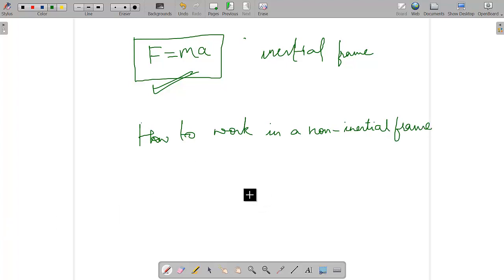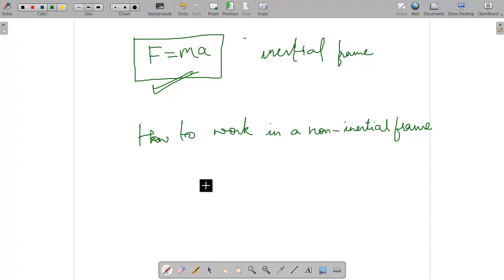Sometimes some questions will be given in such a way that it will be easy for you to calculate the acceleration with respect to a non-inertial frame actually. So we need not do the calculations in terms of the inertial frame. But how will we apply Newton's laws in a non-inertial frame? That's what we are looking at.